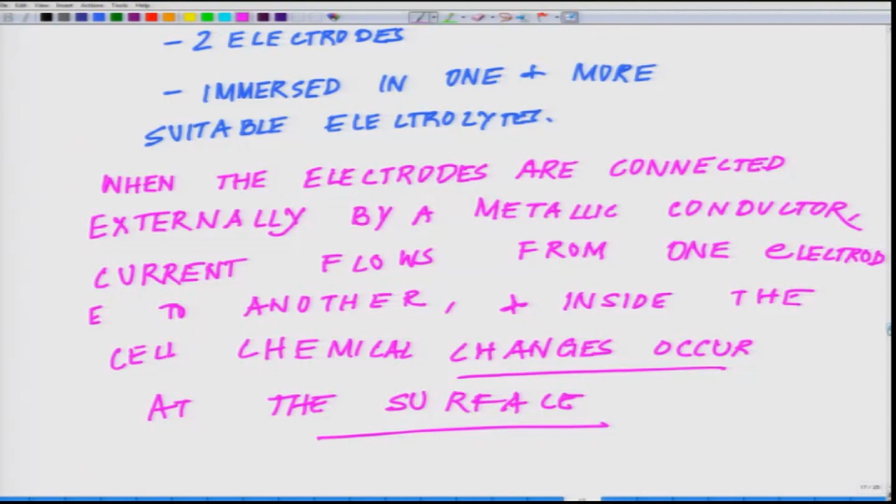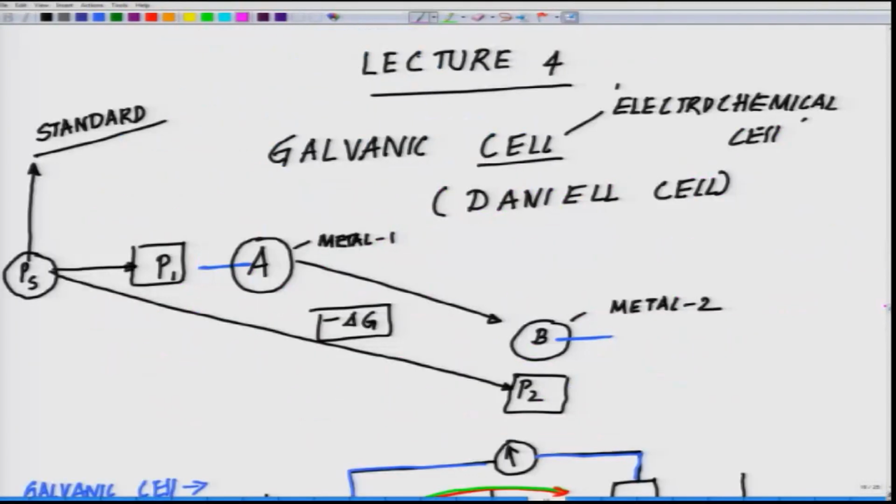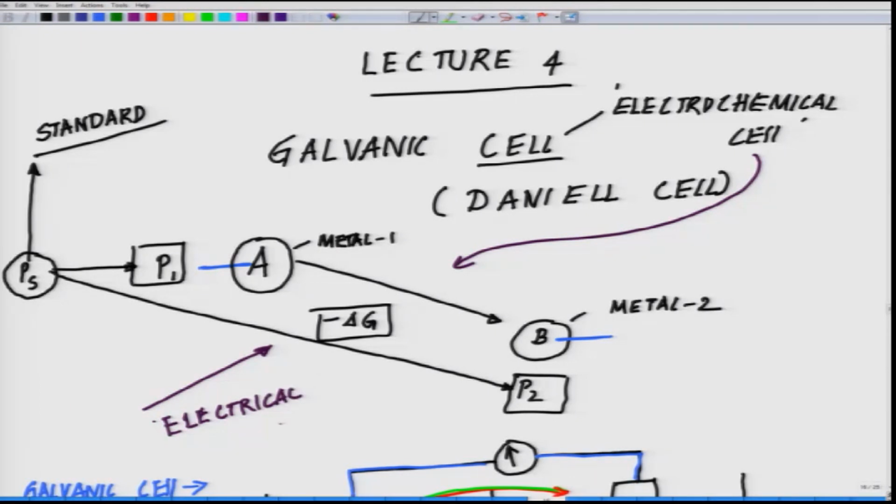If we call this an electrochemical cell, and now we have to put in electrical energy for the reverse reaction to happen, then those kinds of cells are called electrolytic cells.